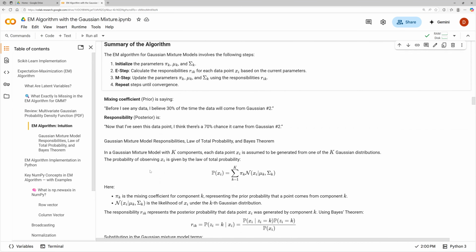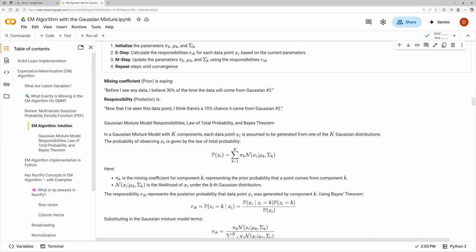And that's what I'm going to be discussing now. In the Gaussian mixture model with k components, each data point x_i is assumed to be generated from one of the k Gaussian distributions. The probability of observing x_i is given by the law of total probability.